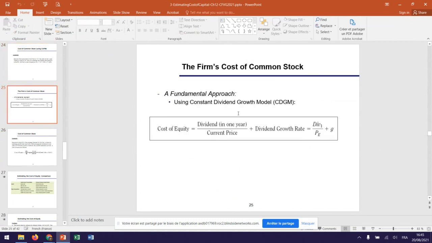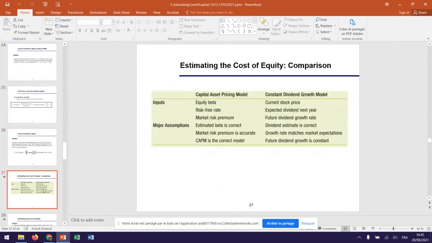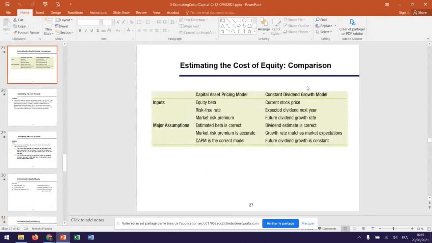So the value is between 10.6 and 11.22. I will come back to your question later. Estimating cost of equity based on the CAPM and constant dividend growth model has some pros and cons, some major assumptions, which are represented in this slide.